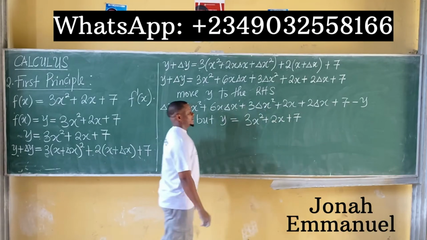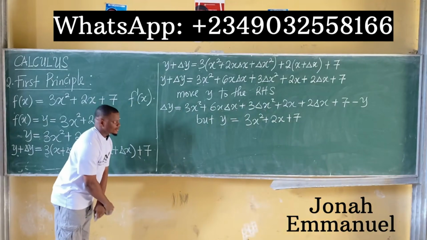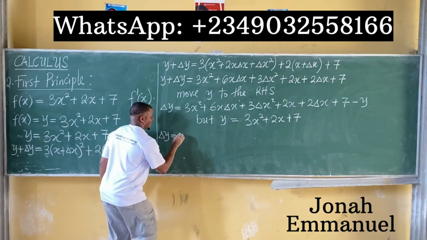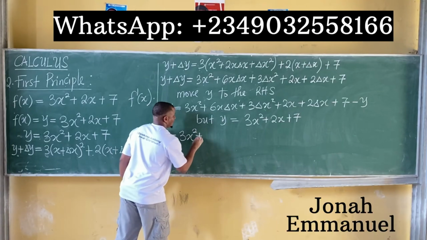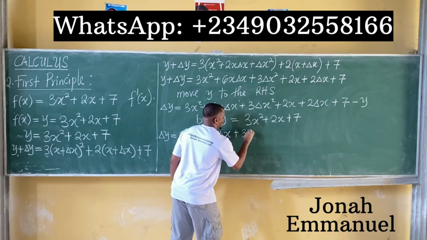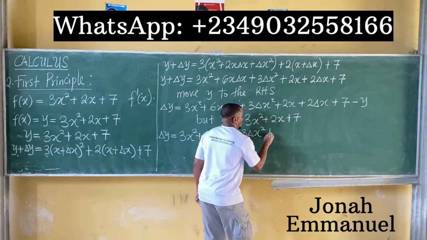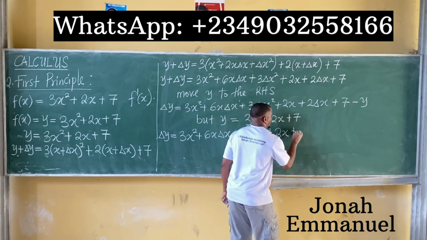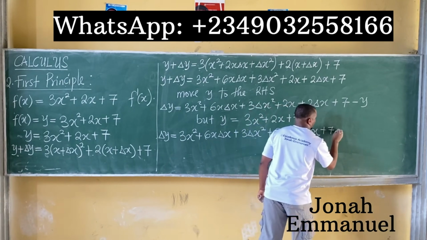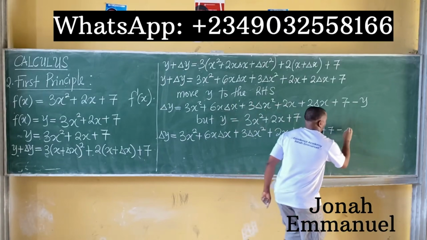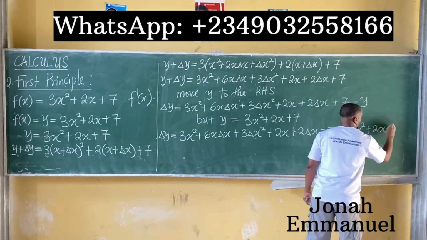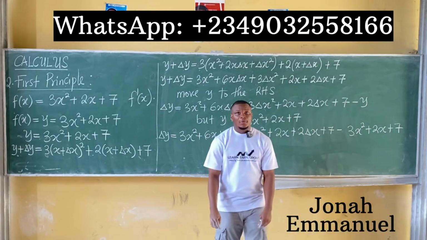So substituting, change in y is equal to 3x squared plus 6x change in x plus 3 change in x squared plus 2x plus 2 change in x plus 7 minus 3x squared plus 2x, like this.